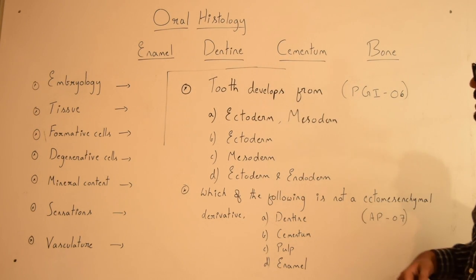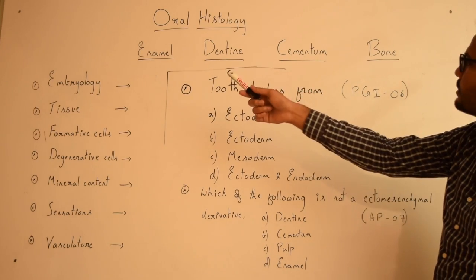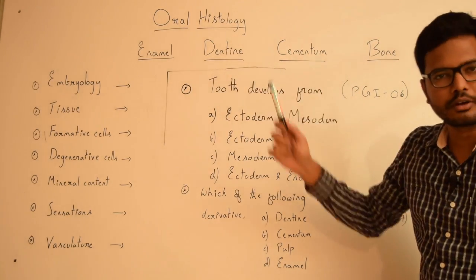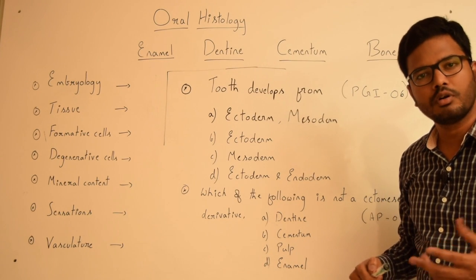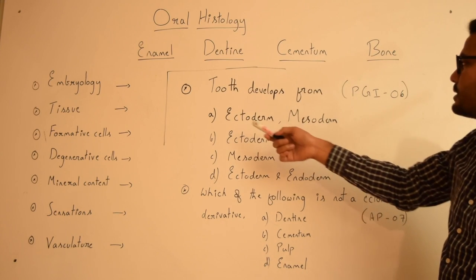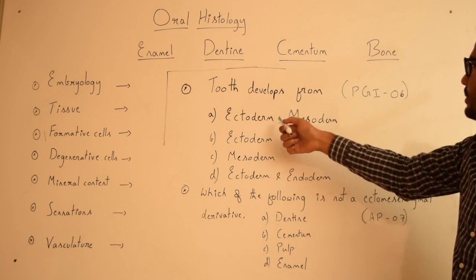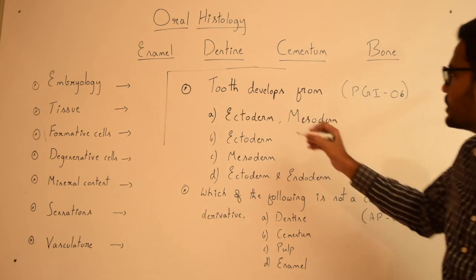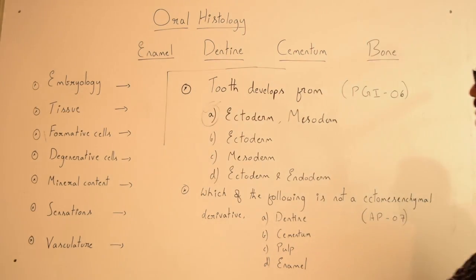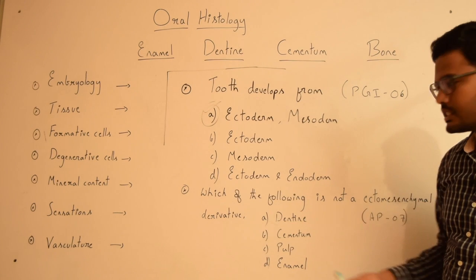So as I already said, enamel develops from ectoderm, dentin and cementum develop from ectomesenchyme, and pulp also develops from ectomesenchyme. So the appropriate answer is, it's ectoderm and as well as mesoderm. So option A, right?